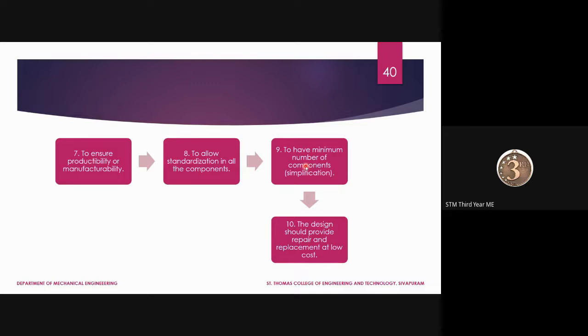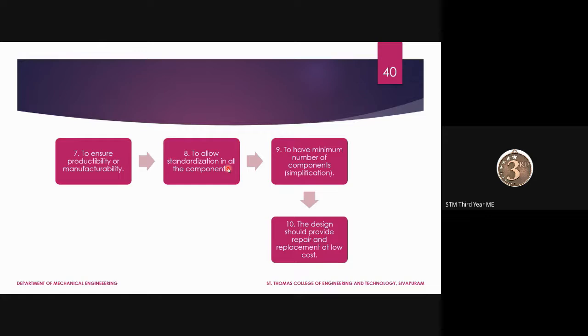Next, the design should provide repair and replacement at low cost. So one of the advantages of having minimum components is easier replacement or easier maintenance. And also, if you are doing such maintenance or repair, it must be provided at a low cost, and that is why we are standardizing all the components. If there is a standardized number of components, we can replace that component with ease.